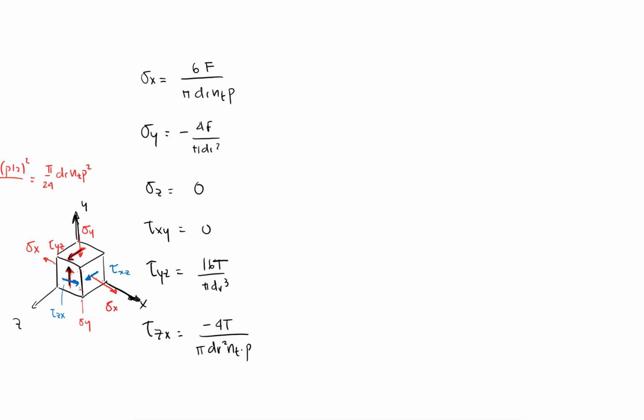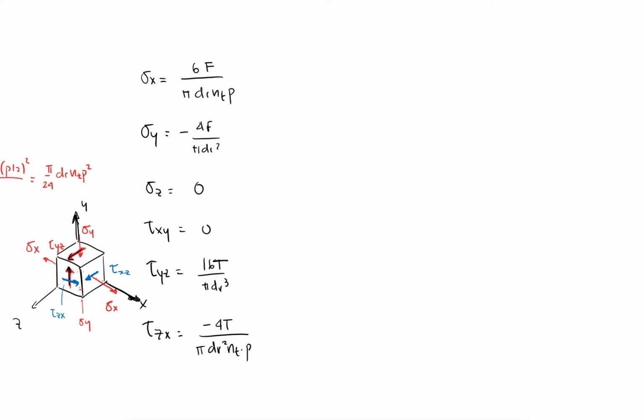Basically, there would be a von Mises. Actually, we did go over that equation for a brief moment when I was explaining the von Mises and the distortion energy. In terms of sigma x, sigma y, sigma z, and the three different taus, there's an equation to calculate the von Mises stress.